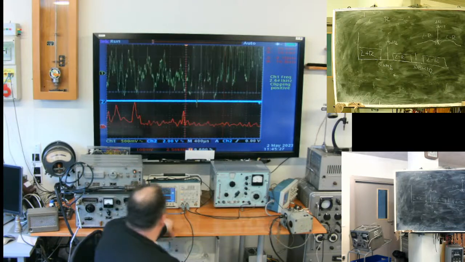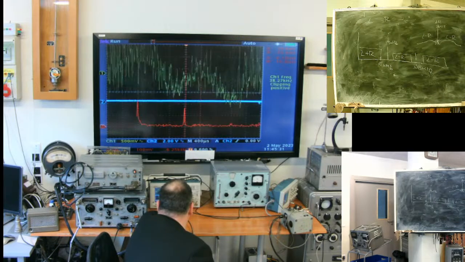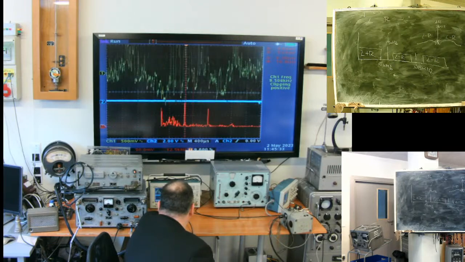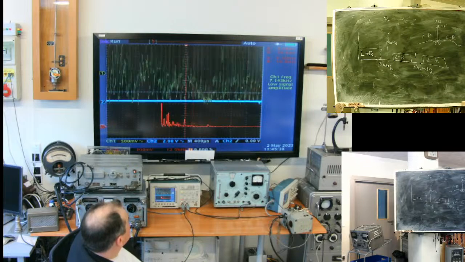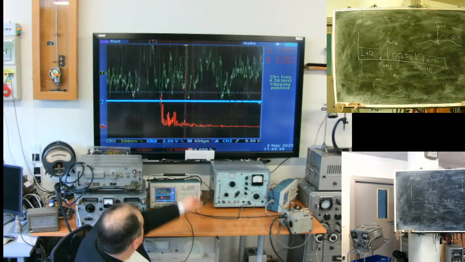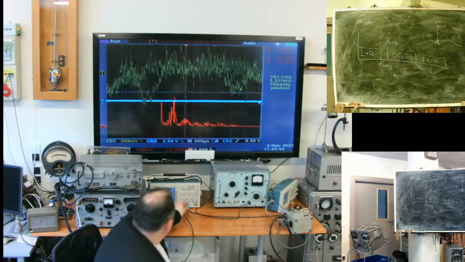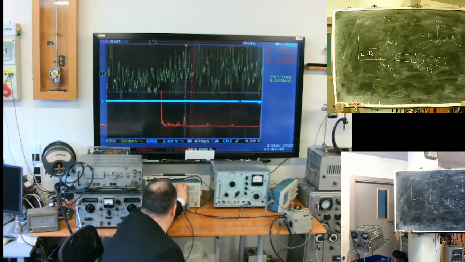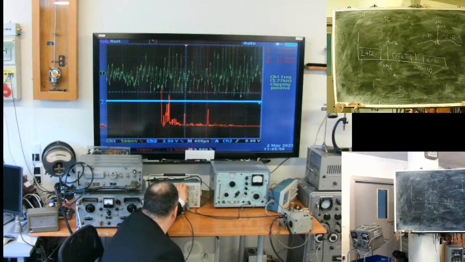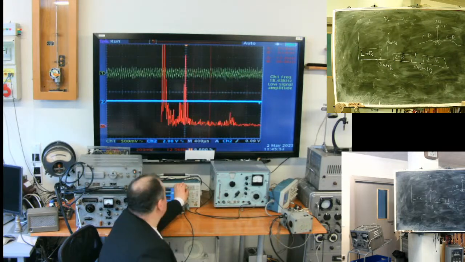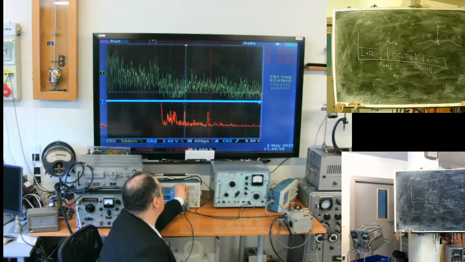But nowadays it's not so simple. This is the point around which balanced modulation is built.